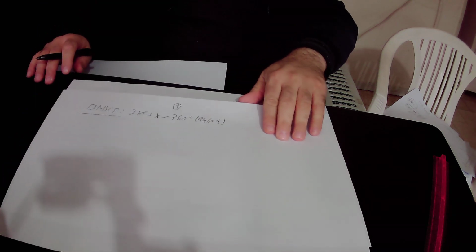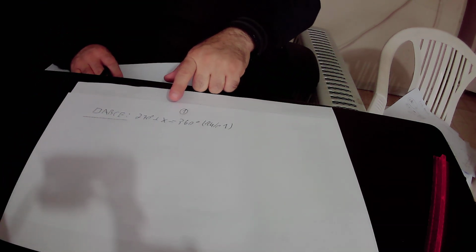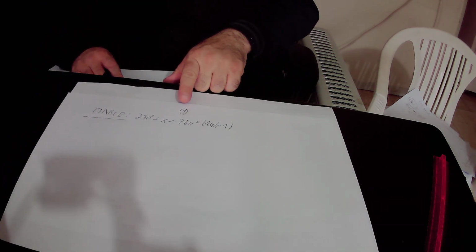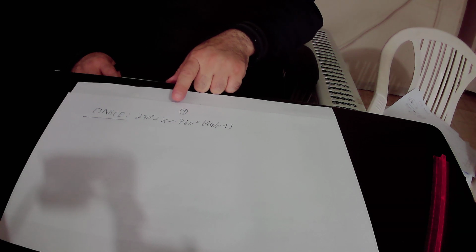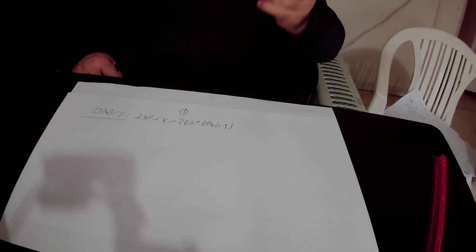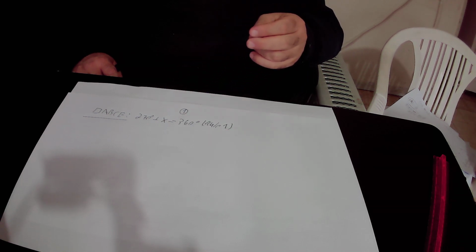In quadrilateral ABCE, the sum of the angles is equal to 360 degrees. That is to say, the sum of its 3 angles, that is 270 degrees, plus the size of the fourth angle must be equal to 360 degrees according to rule number 1.